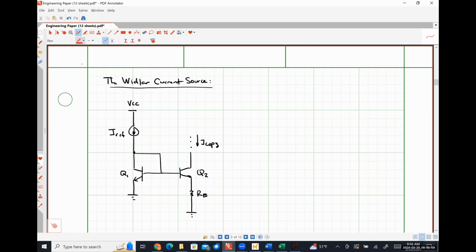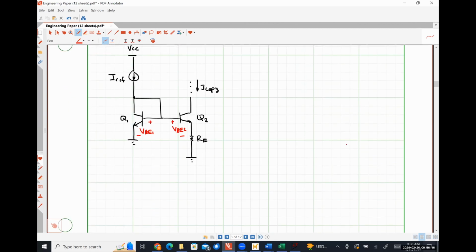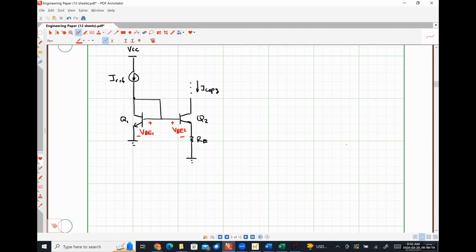So this base emitter voltage here, VBE1, and this base emitter voltage here, VBE2, are no longer the same. So let's analyze this circuit and see what shakes out.